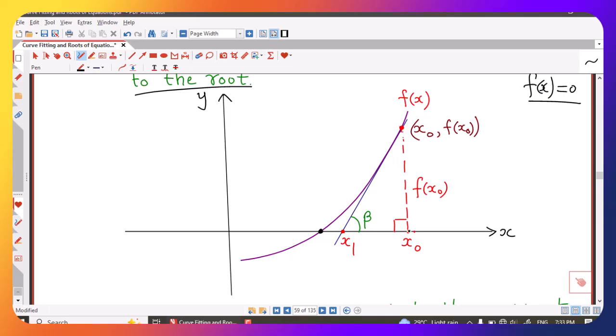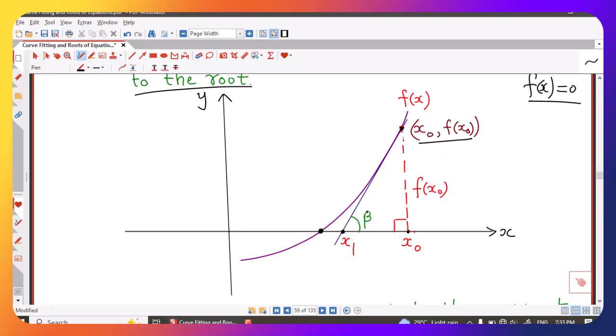So here we assume that x0 is the initial guess to the actual root, and we consider tangent to the graph of f(x) at this point, and we can see this tangent intersects x-axis at point x1, and therefore x1 is the first approximation to the root.